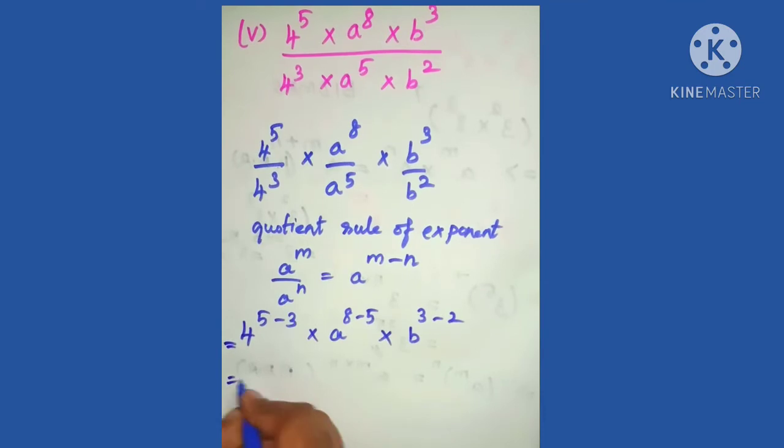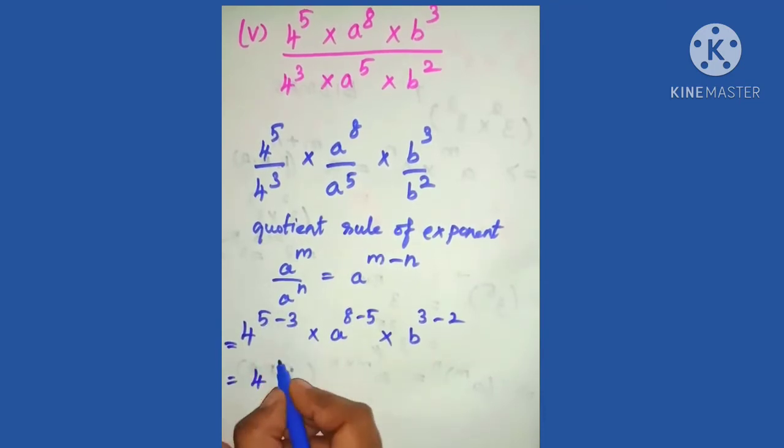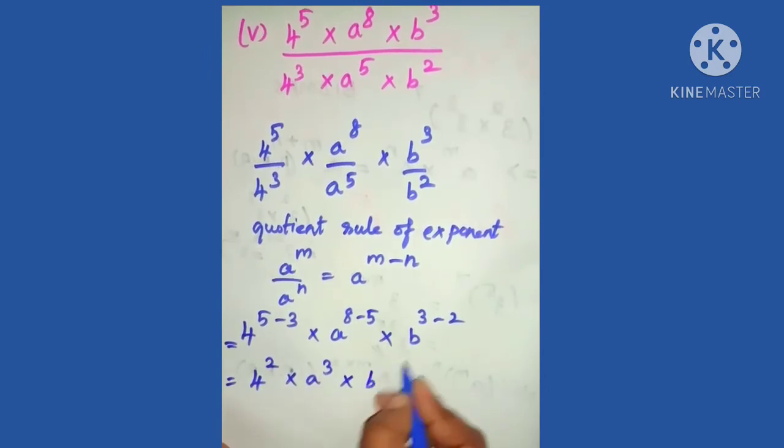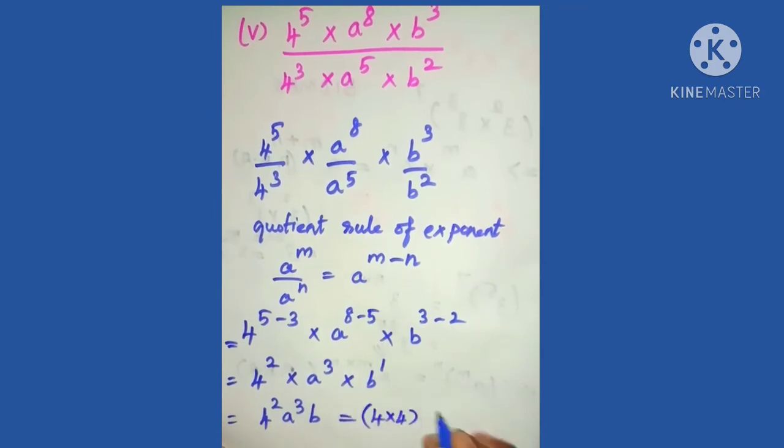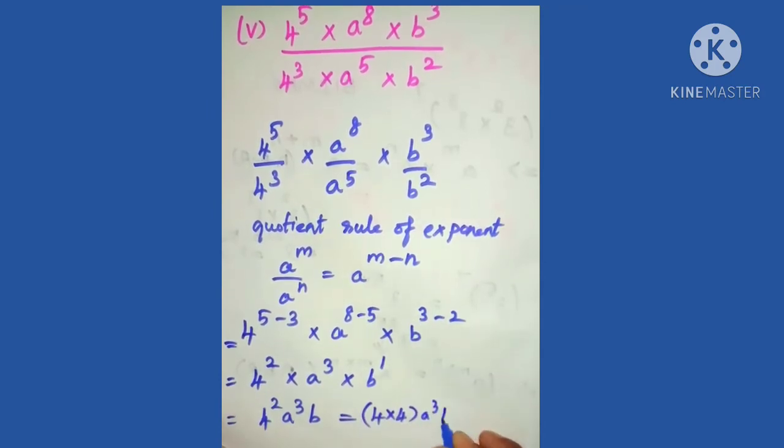So which is equal to 4 power 5 minus 3 is 2 into a power 8 minus 5 is 3 into b power 3 minus 2 is 1. So 4 square a cube b is the expression, and here 4 square is 4 into 4, which is 16. So 16 a cube b.